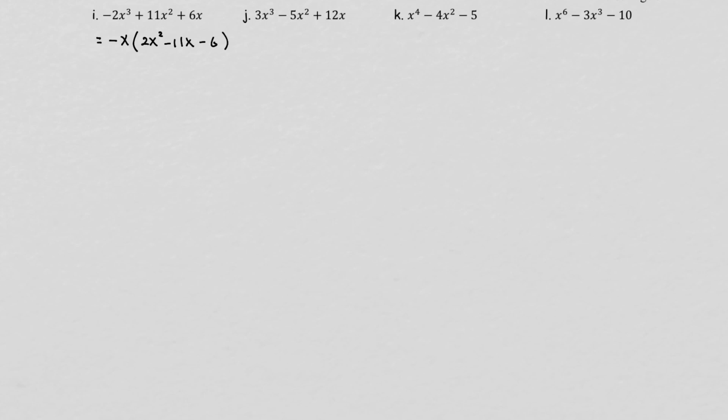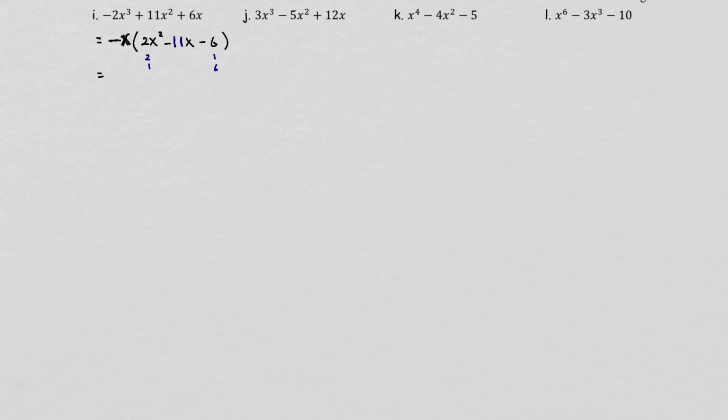And once you factor the greatest common factor, you still have a trinomial here. So you want to factor that further if you can, right? So I will try 2 times 1 and maybe 1 times 6, because 11 is a little bigger than 2 and 6.